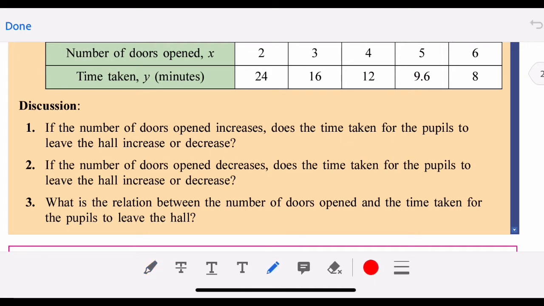So the time taken decreases while the number of doors increases. If the number of doors open decreases, does the time taken for the pupils to leave the hall increase or decrease? What is the relation between the number of doors open and the time taken for the pupils to leave the hall?